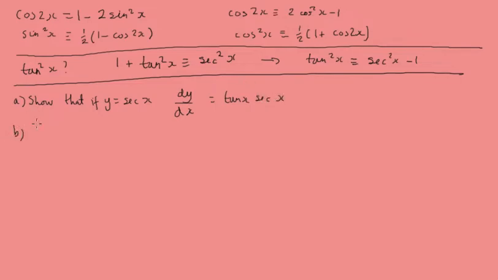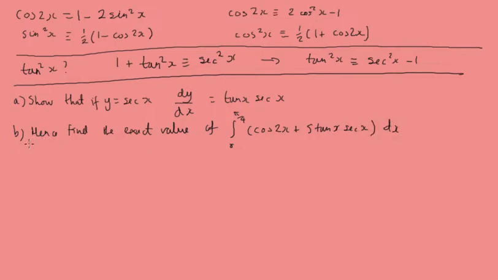And secondly, hence find the exact value of the integral from 0 to pi over 4 of cos 2x plus 5 tan x sec x dx.